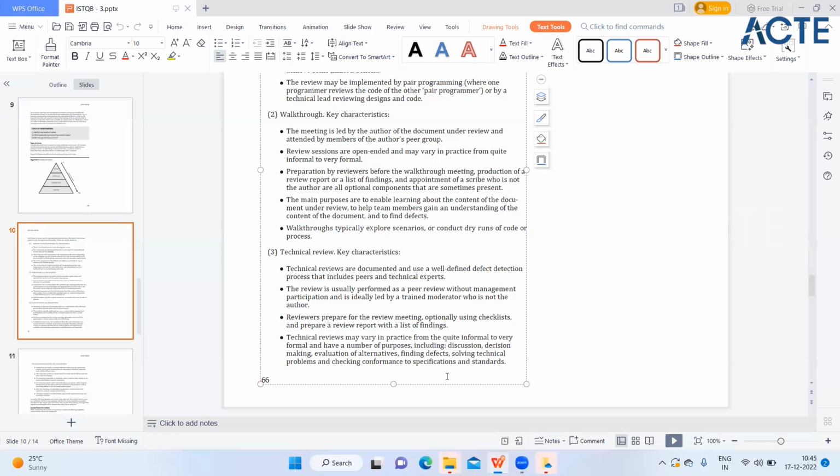For example, we have a technical document or the technical architectural design for the server, these kinds of things. So these kinds of things we'll be checking under this technical review. So more technical persons will be involved in this.